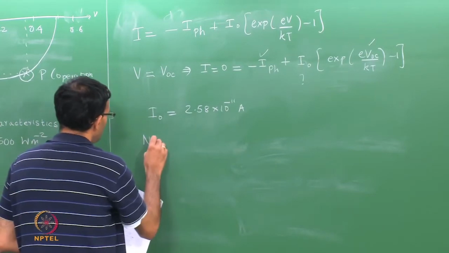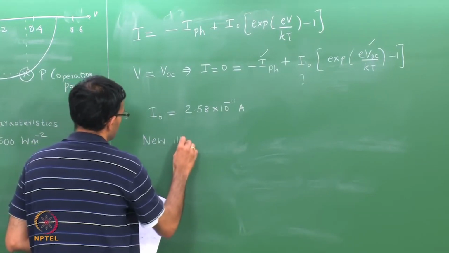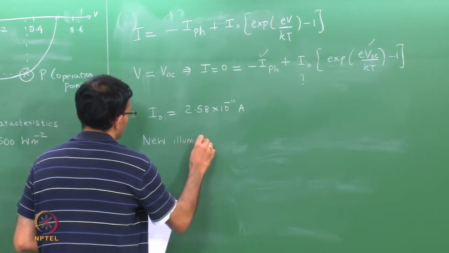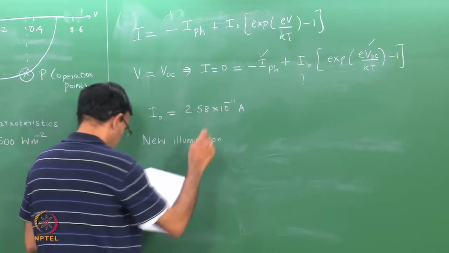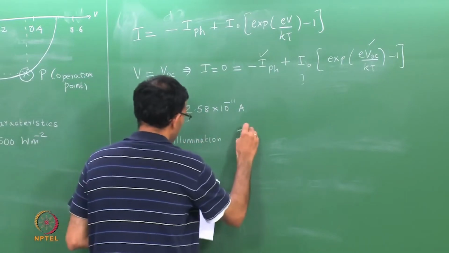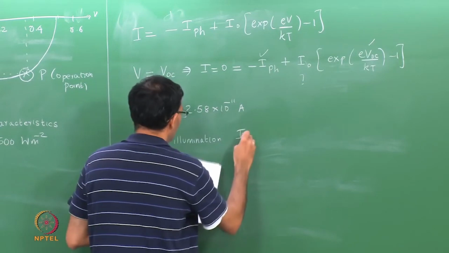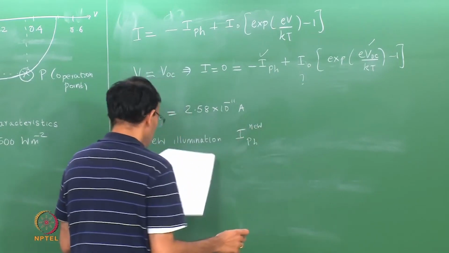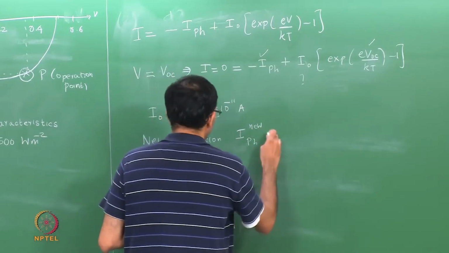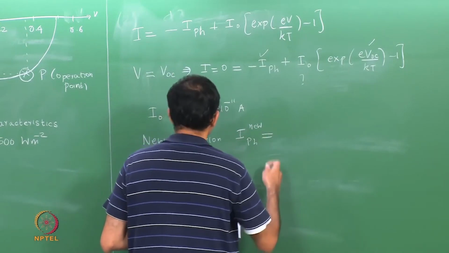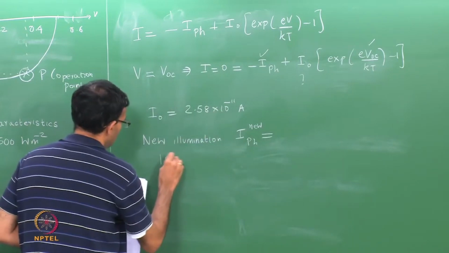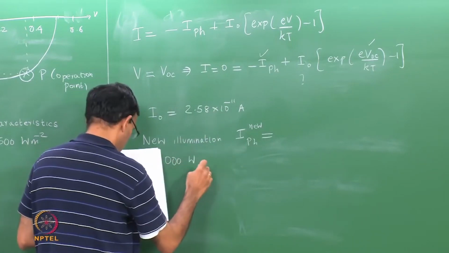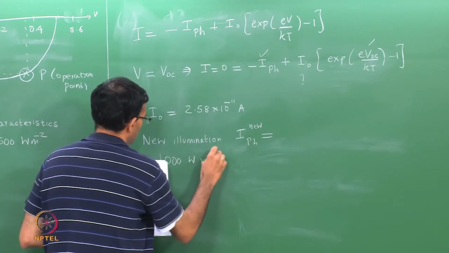So, now the new illumination, let me call it IPH nu. So, new illumination is 1000 watts per meter square.